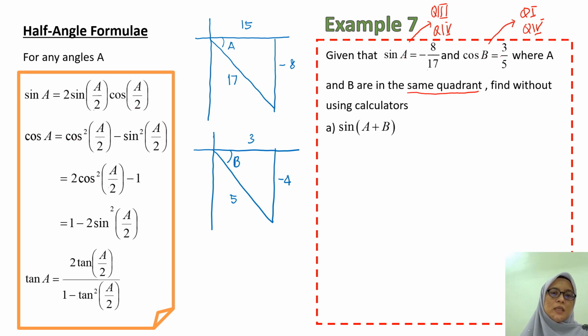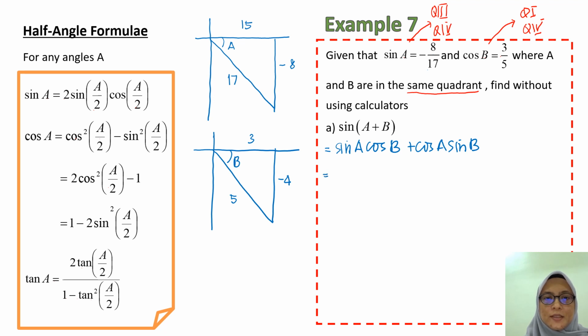Okay, so by using all this value, so then we have to expand sin A plus B using compound angle formula. So sin A cos B plus cos A sin B.